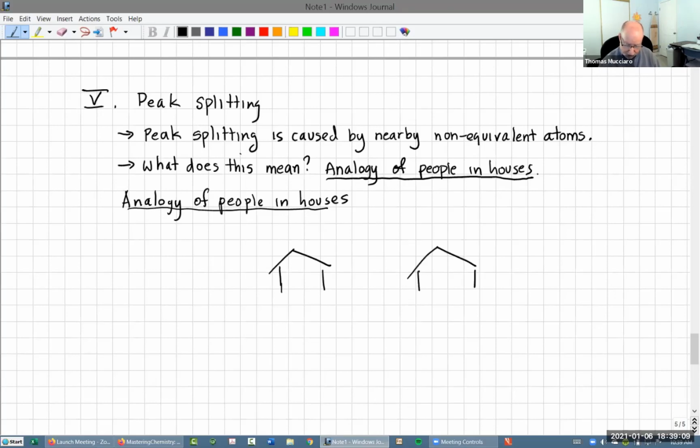I like to do 3 houses. I can do as many houses as I want, but 3 usually gets my point across. So those are houses, right?